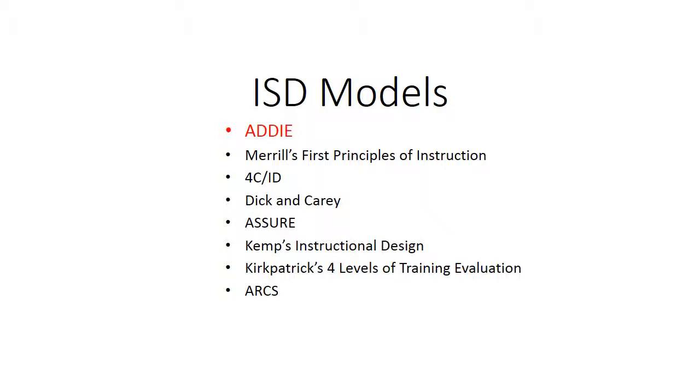And some people also include the ARCS model in here, which is basically a model of motivation. It was developed by John Keller, and the ARCS model is an acronym for attention, relevance, confidence, and satisfaction.